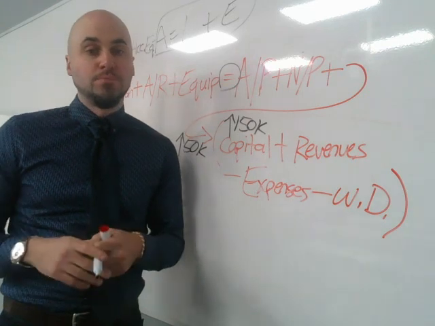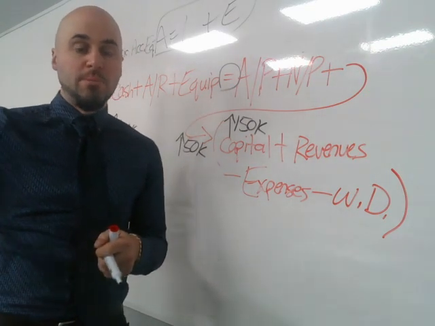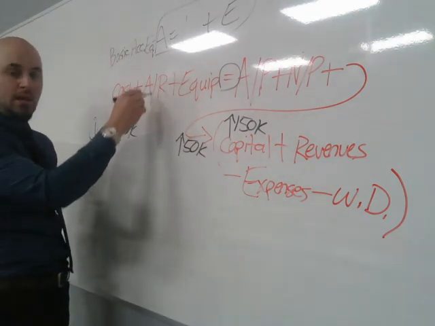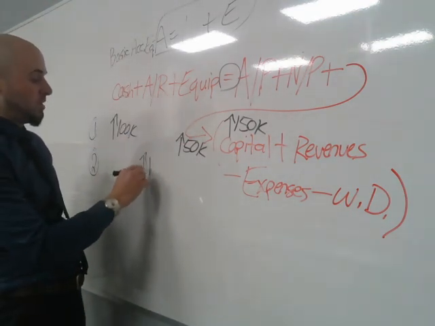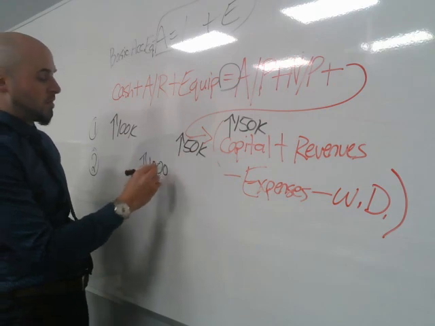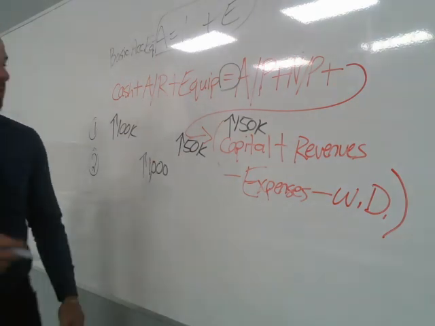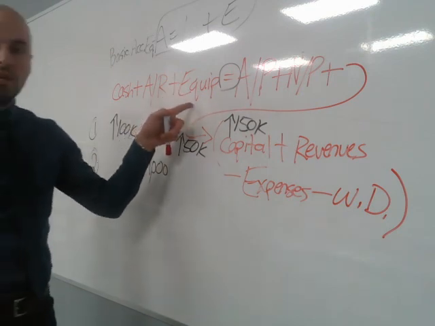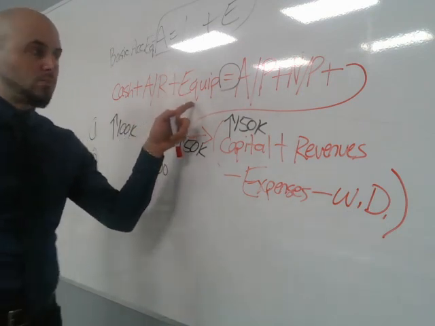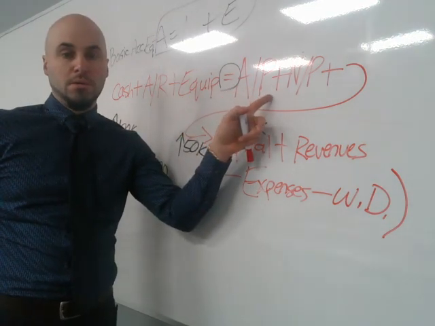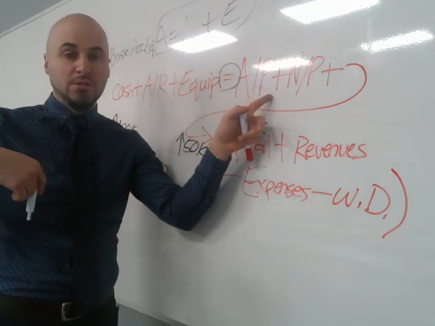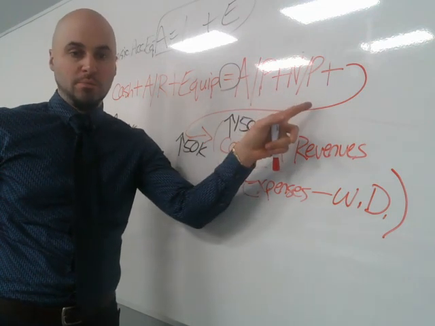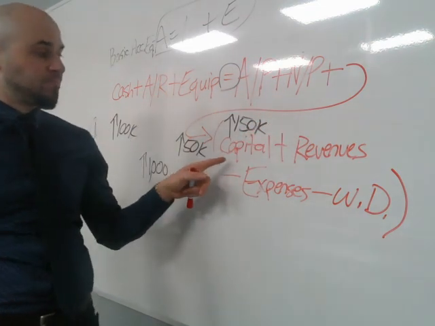So $1,000, but they pay us with credit. Accounts receivable increases by $1,000. Anything related to equipment here? No. If our customer pays us, that means we didn't pay anybody. So therefore liabilities isn't applicable here.